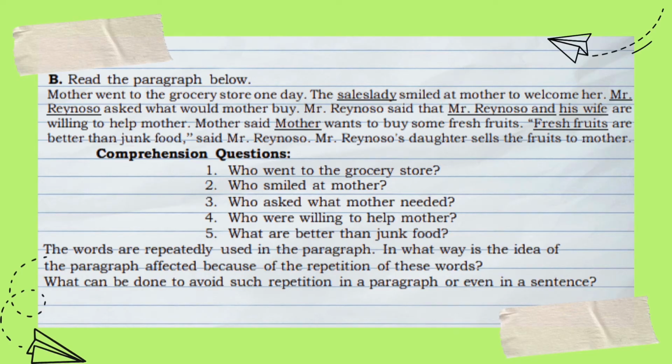Like me, by reading the paragraph myself, I somewhat get lost about who is Mr. Reynoso and what he is going to do with mother, right? But if we simply use pronouns to replace these names, I think we can easily understand the paragraph and what it is trying to convey to the readers.